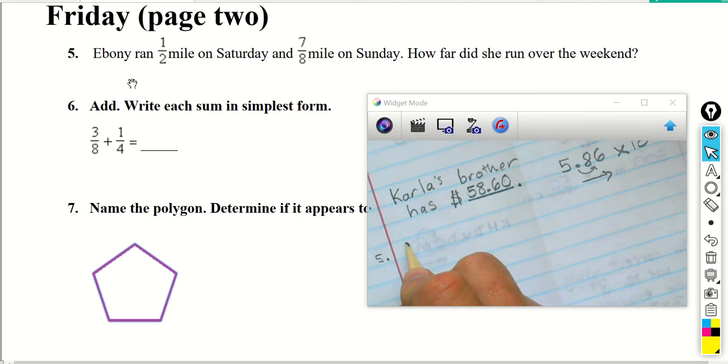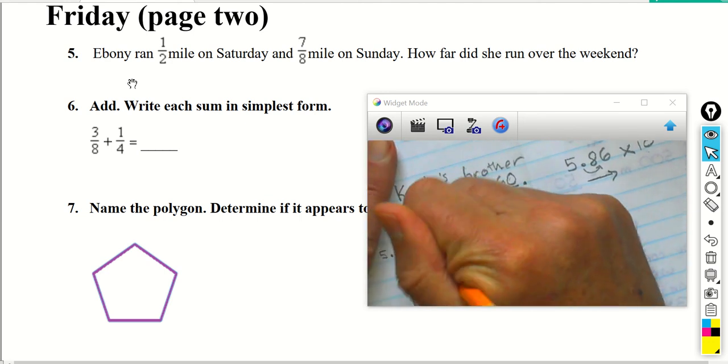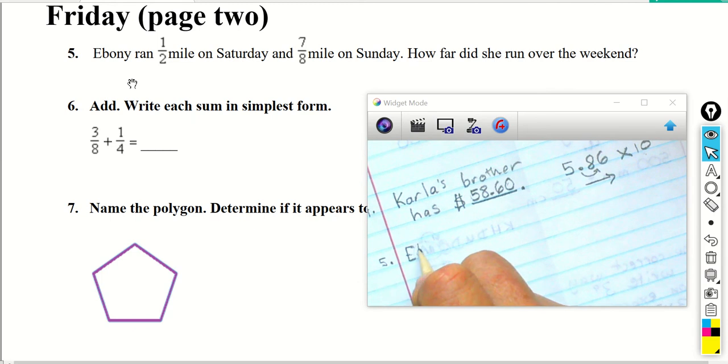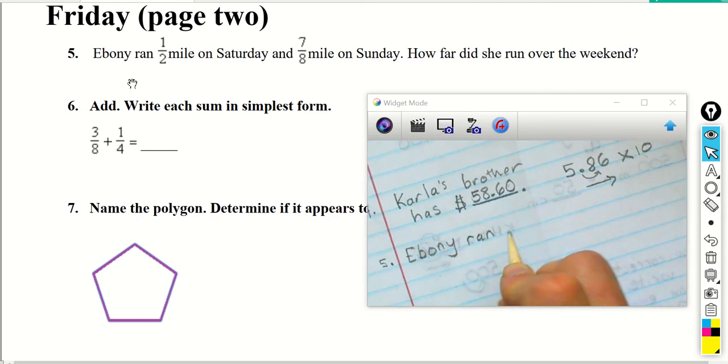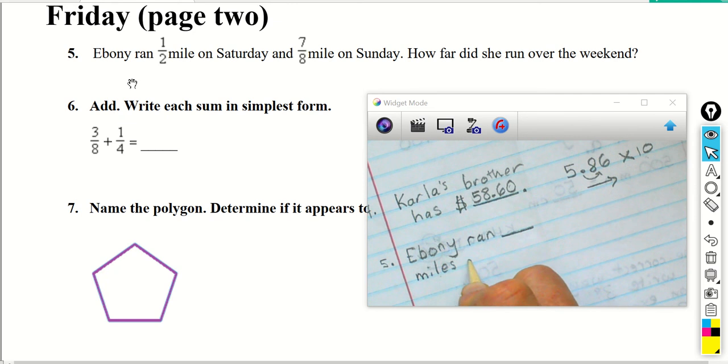So I'm going to put here, Ebony ran blank miles over the weekend.